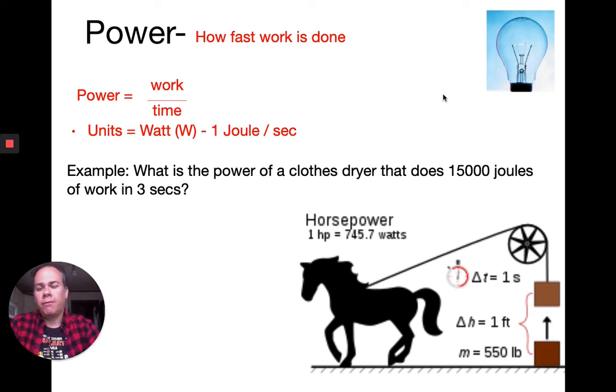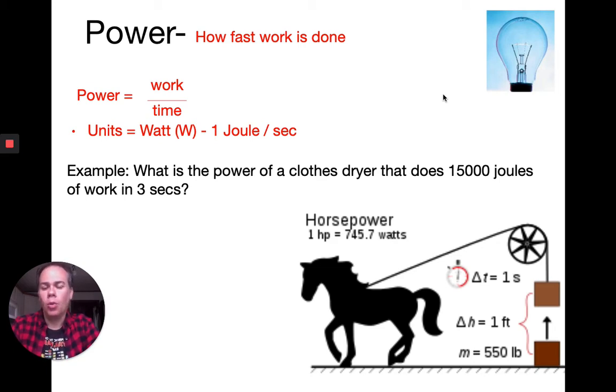Another unit used to express power is horsepower. You see this image I added in the lower right corner. Horsepower is a unit that was used in the beginning of the Industrial Revolution, when people wanted a way of comparing how much work a steam engine could do compared to the work they knew they would typically do with animals such as horses.